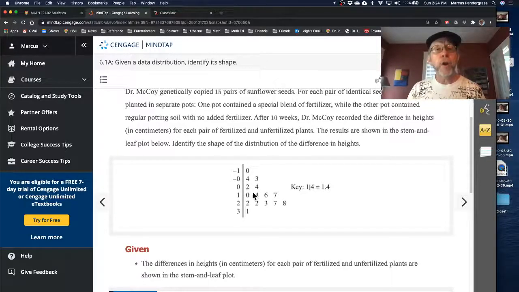But the majority of the pairs, the fertilized pair was taller, and so the differences are positive. This would be 0.2, 0.4, 1.0, and so on. And that's represented by the key here. 1|4 refers to 1.4.